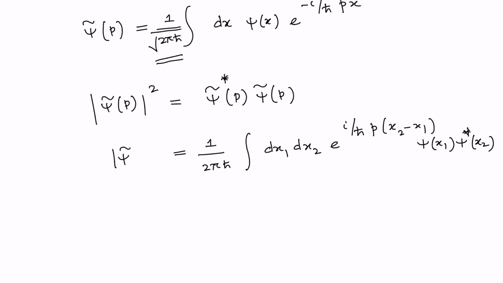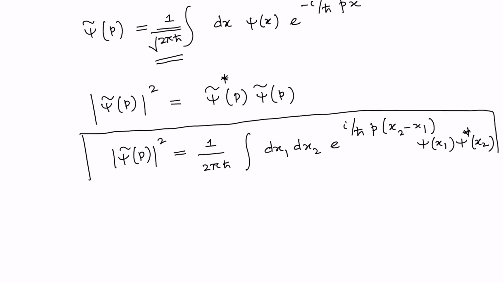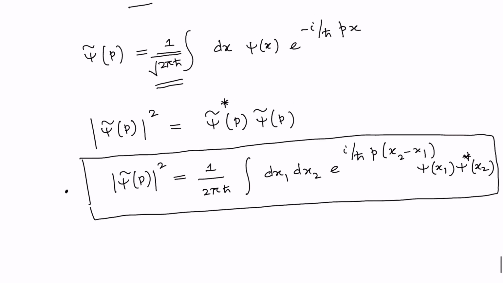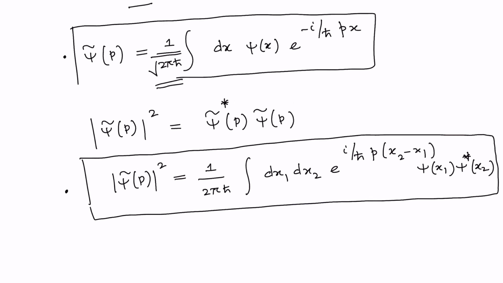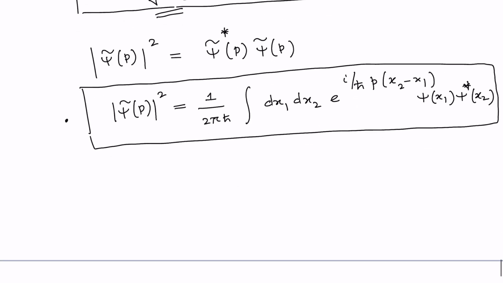It's very easy to see that we are obtaining the momentum probability distribution function, the probability density, as this. If you have followed this expression for ψ̃(p), this Fourier transform pair, then you can immediately figure out that |ψ̃(p)|² is going to be given by this expression.